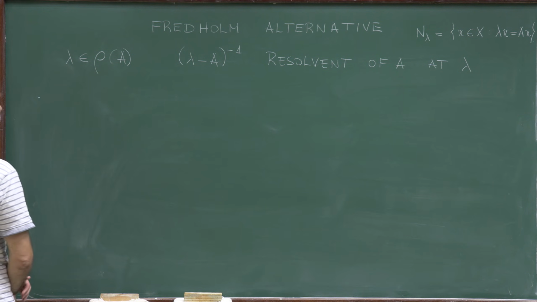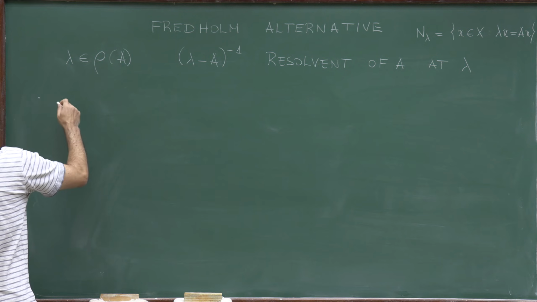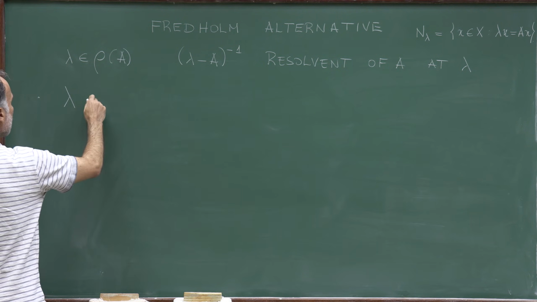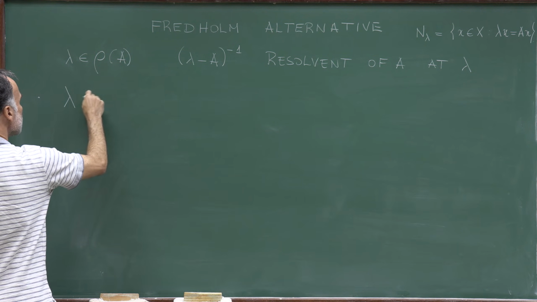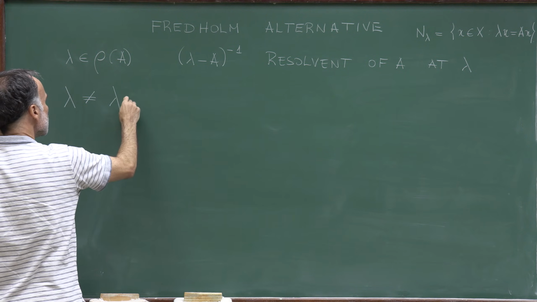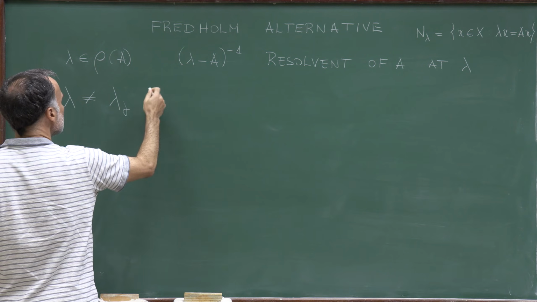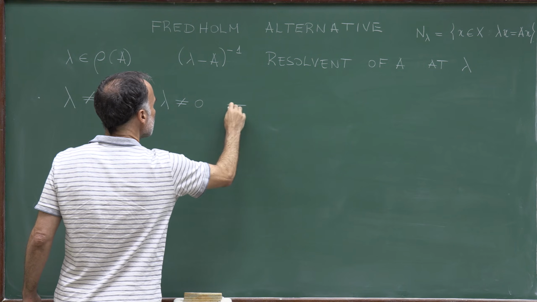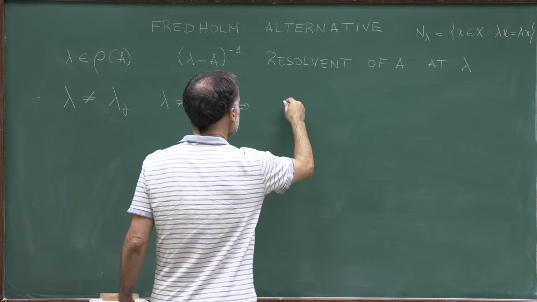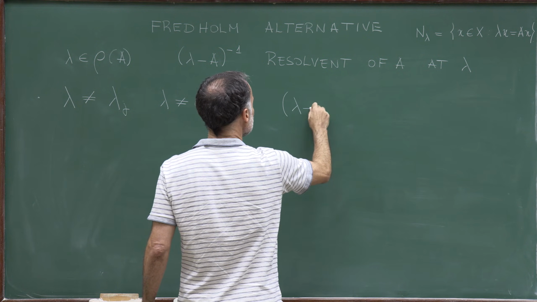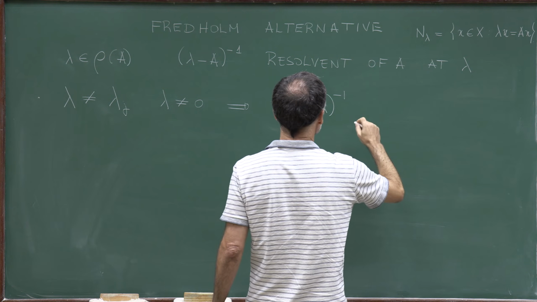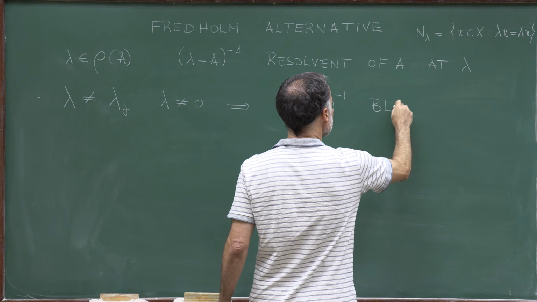Now, let's go back here. We proved that if lambda is different from lambda j for all j, and lambda is different from 0, then we proved in the previous theorems that (lambda minus A) inverse is a bounded linear operator.